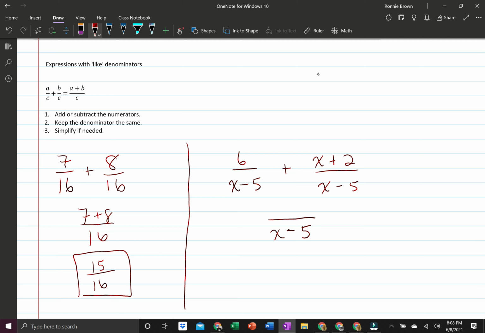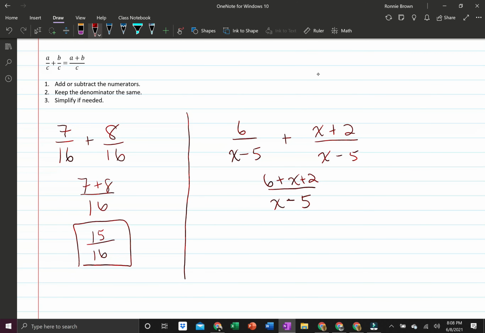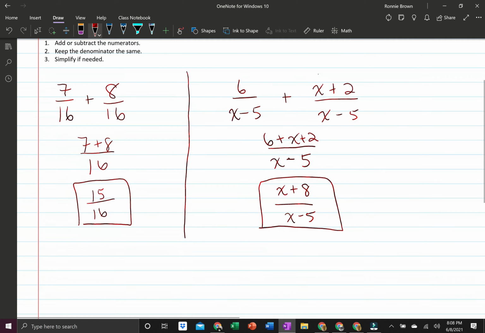And now we're told to add. It's an addition problem, so we add 6 plus the x plus 2. The like terms are the 6 and the 2. So we'll have x plus 6 and 2 make 8 over x minus 5. There's nothing we can do here. We can't reduce or simplify any further, so we go ahead and box in that answer.